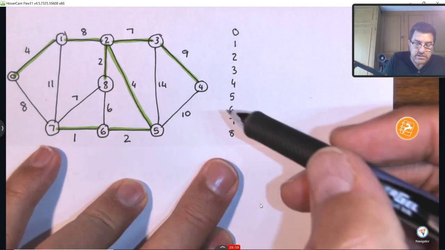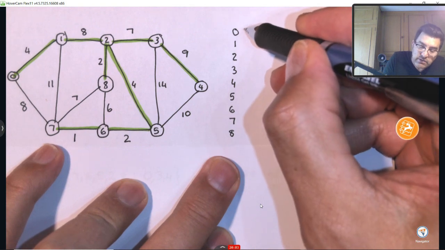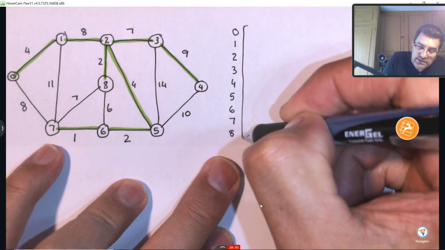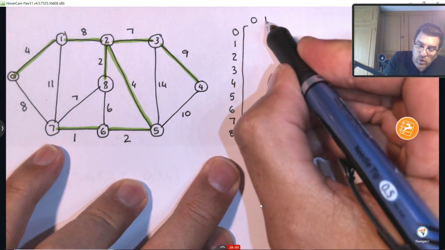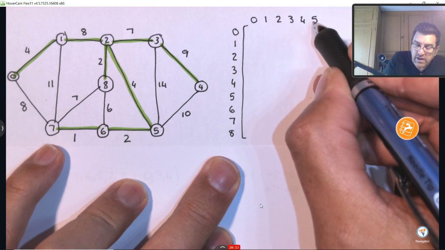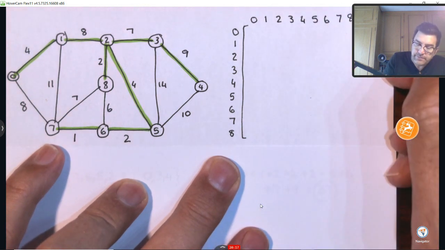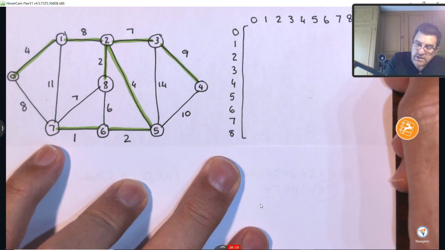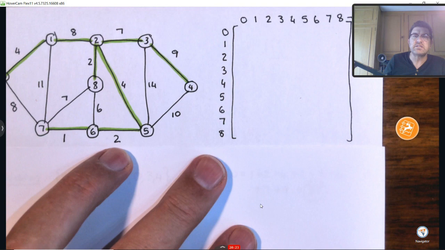There's 8 vertices there. Starting at 0 is actually 9. So our adjacency matrix is the square 9 by 9 matrix. 0, 1, 2, 3, 4, 5, 6, 7, and 8. So I'm going to try and squeeze it in here so that we see all of it.